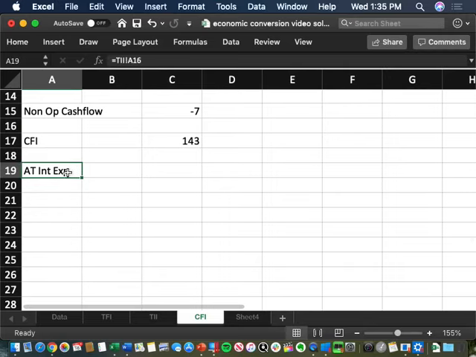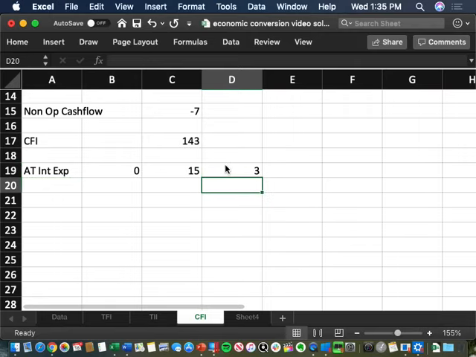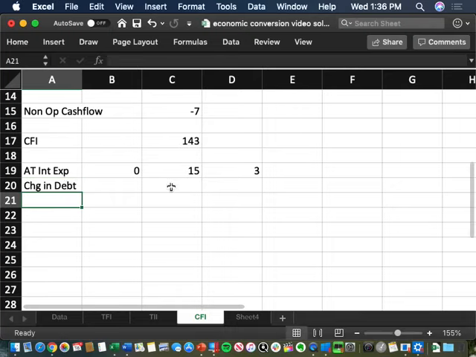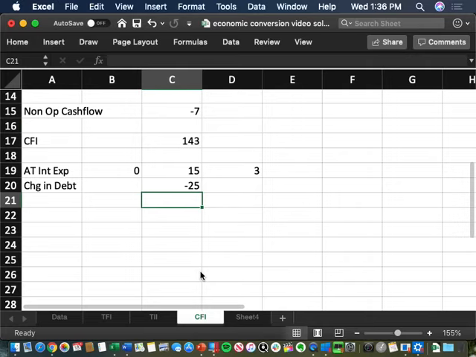We paid out 15, and then change in debt. Our debt went from 225 to 200. So does that mean we paid off debt or did we increase debt? We paid off 25 of debt.